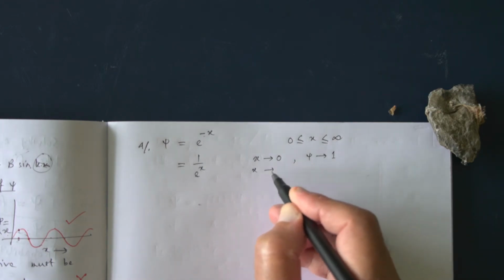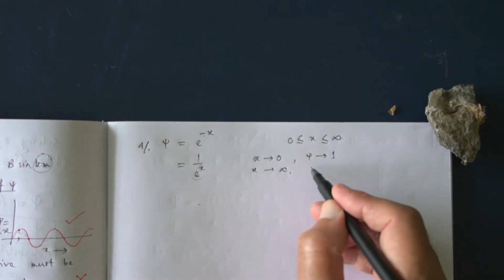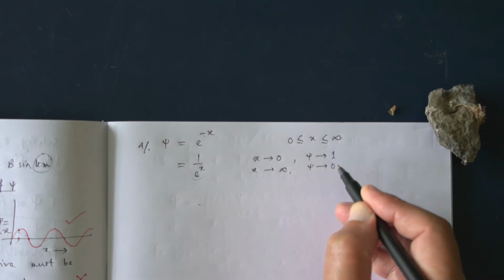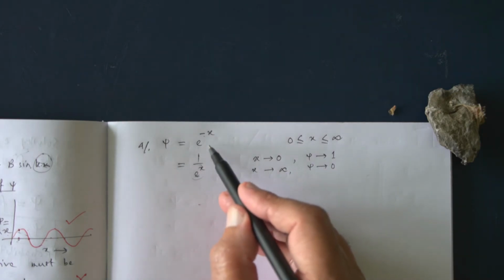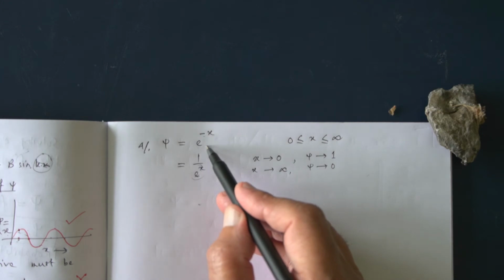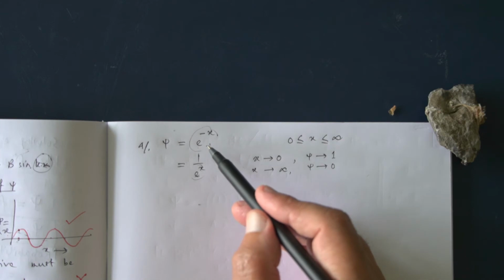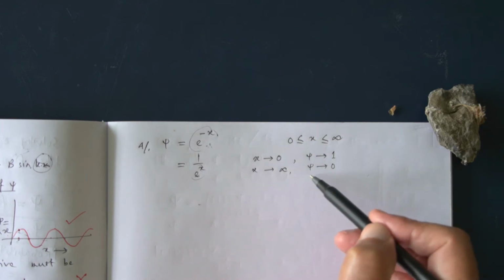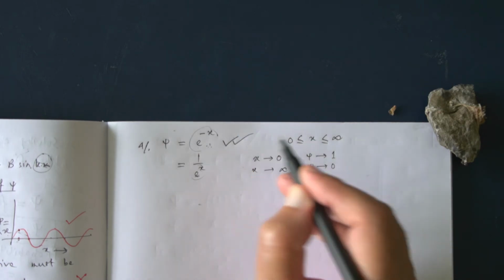When x tends to infinity, e to the power infinity, so 1 by infinity, psi tends to 0, that is finite. So this function obeys all the three conditions: single valued, continuous, and finite.